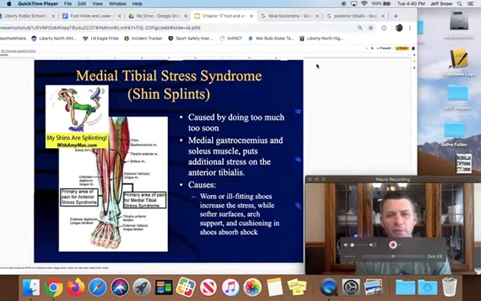But medial tibial stress syndrome: the shin bone, just like any other bone in the body, is going to adapt to the stresses that you put on it. And if you're like me over the winter, you don't put a lot of stress on your bones as you sit around Thanksgiving and Christmas getting fat. So we come out for track season, and all of a sudden we're running, and our bones aren't used to it, and they get inflamed.